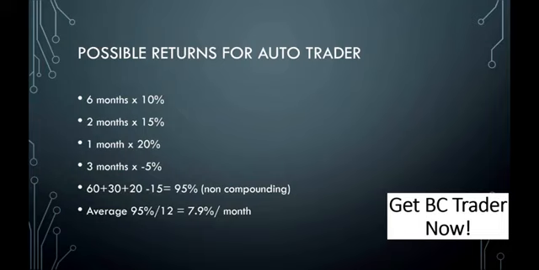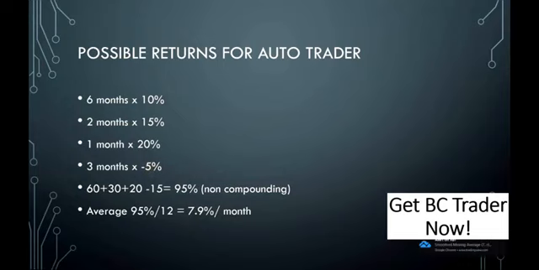Now, having said that, just because it hasn't lost money doesn't mean that it will always be in profit. So I'm going to throw it a curveball every 3 months and say, these 3 months, you actually lost 5%. So basically, instead of positive 10, it went negative 5.